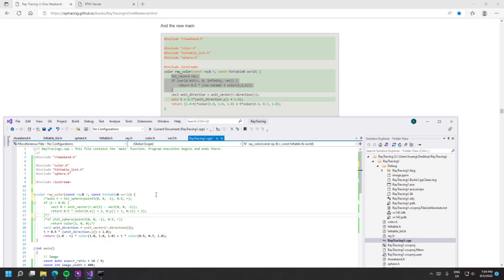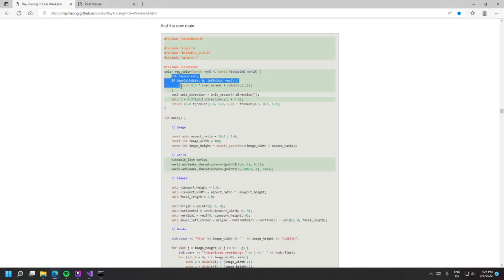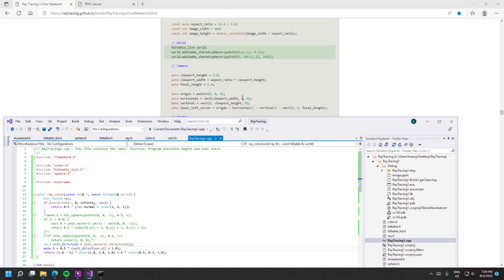I don't want to just delete it. Okay, so this is the new hit. New hit object, and if the whole thing is hit at all, then yeah. And I'm going to redefine t. Oh, it's not really a redefined t, t was just not defined previously, so we need to define it.